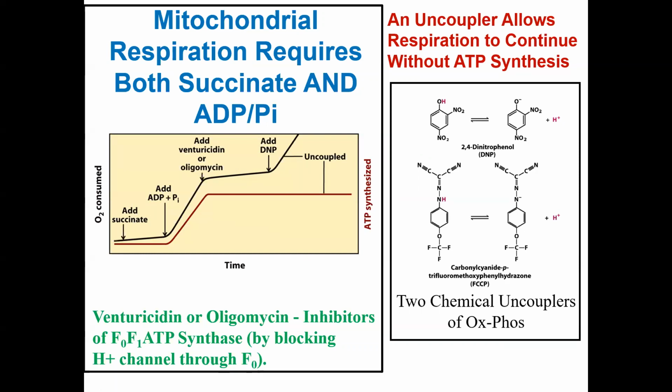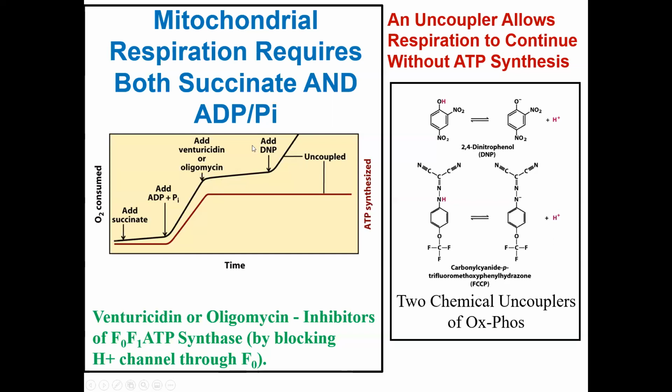But anyway, if you add either of the two compounds, they will block both oxygen consumption and ATP synthesis, because venturicidin or oligomycin are inhibitors of F0, F1 ATP synthase. They actually block the proton channel through the F0 portion. I'll show you the structure of F0, F1 ATP synthase one more time today. So that makes sense. If you block the proton movement, you basically will block oxygen consumption and ATP synthesis.